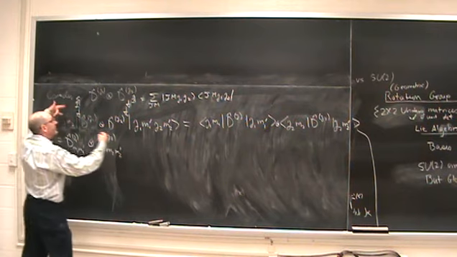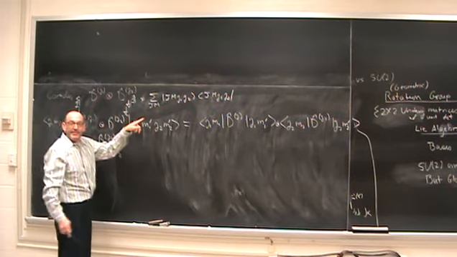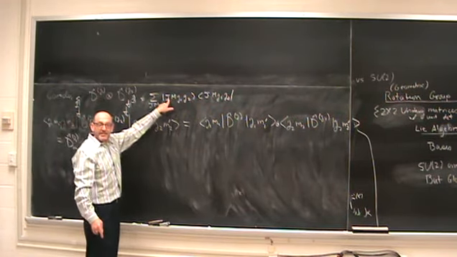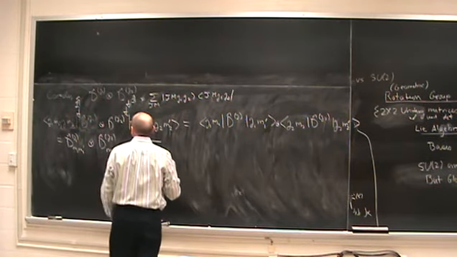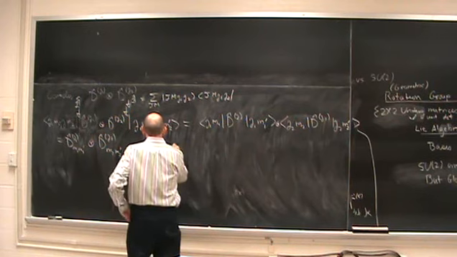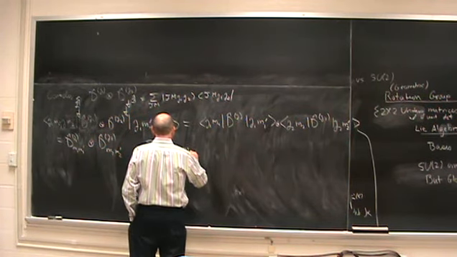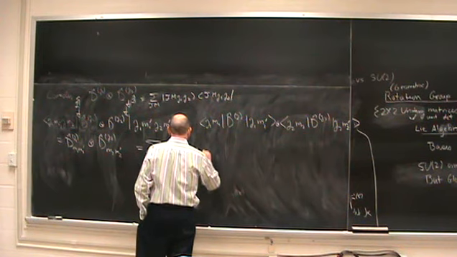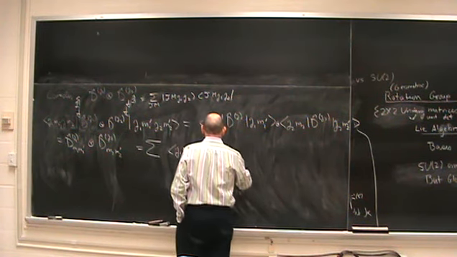And on this side, what I get is the irreps in J. So this then is the sum over J1, M1, J2, M2, JM.